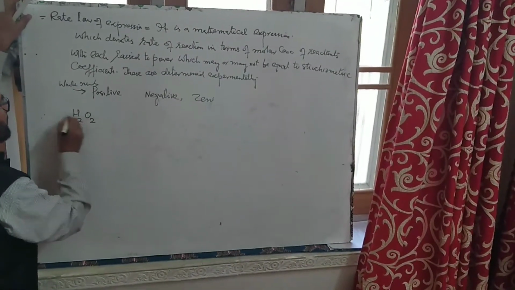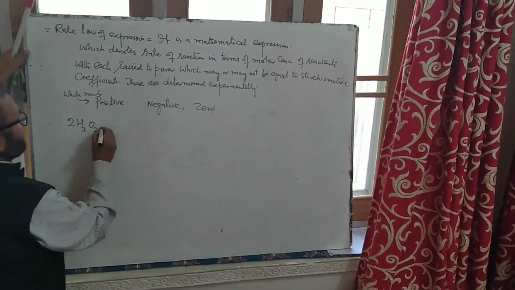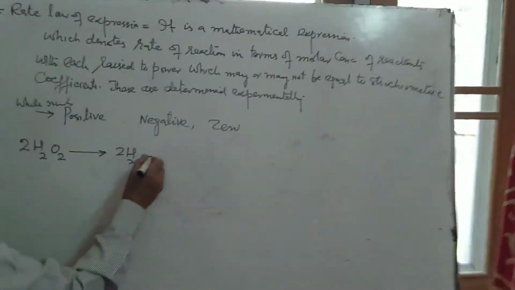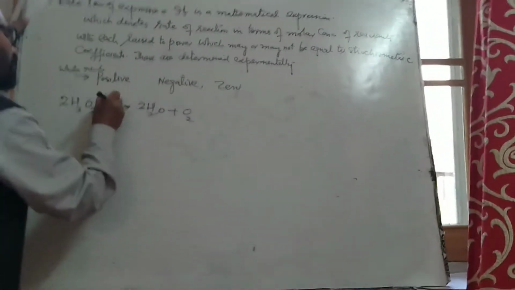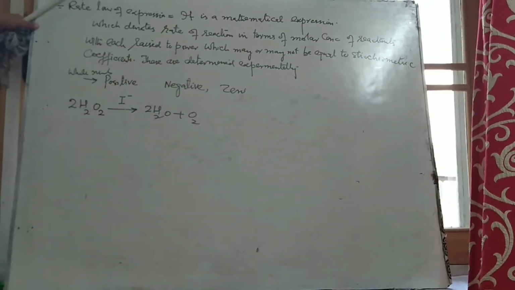H2O2, decomposition of hydrogen peroxide, gives oxygen in presence of iodide ions. Here the iodide ion is the catalyst.